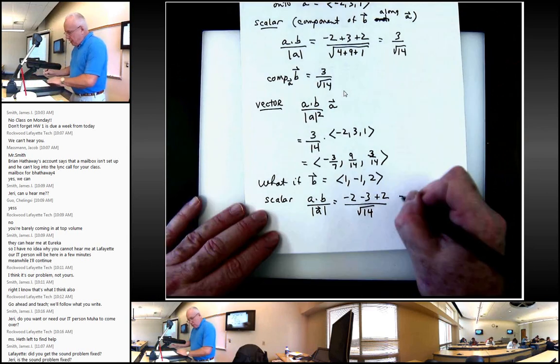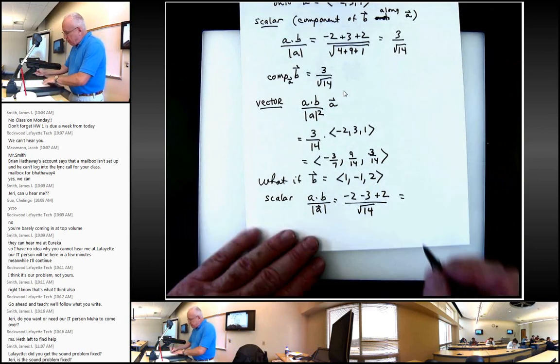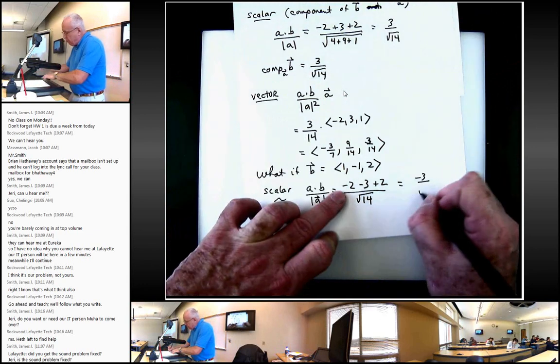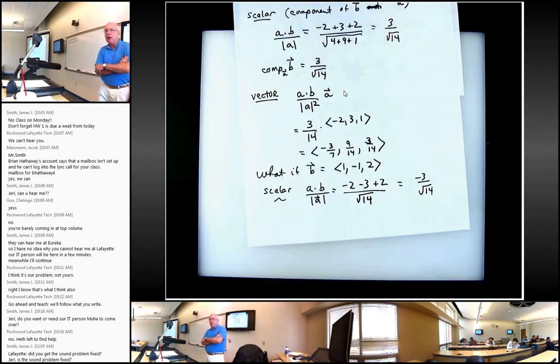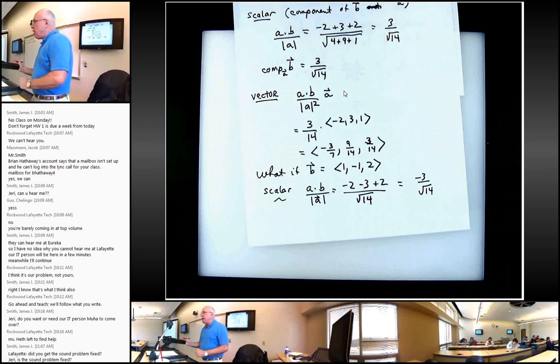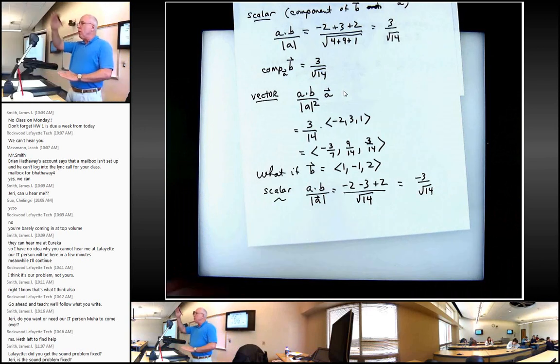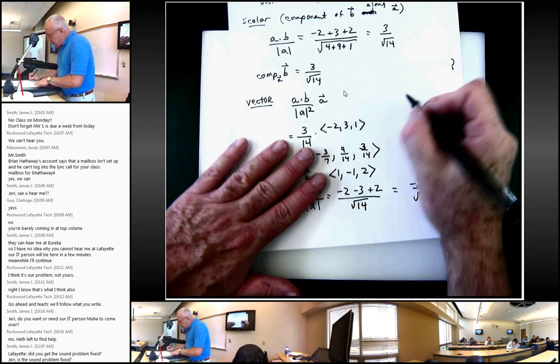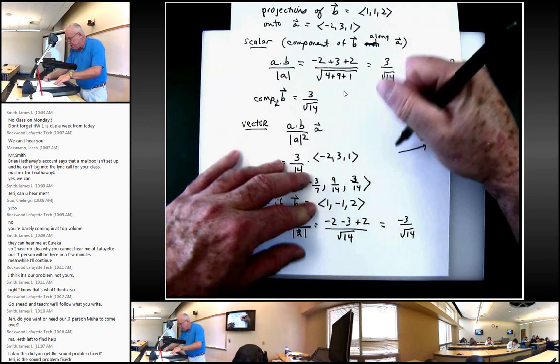So what we get here when we do the scalar part of it is -3 over the square root of 14. Okay, this is going to be a case where the one vector is far enough away that, as I had shown in the picture, let's just do some kind of little diagram here.